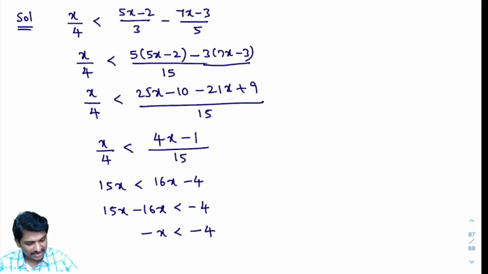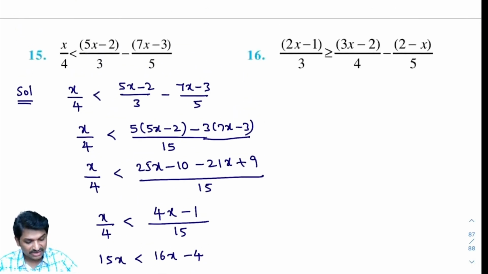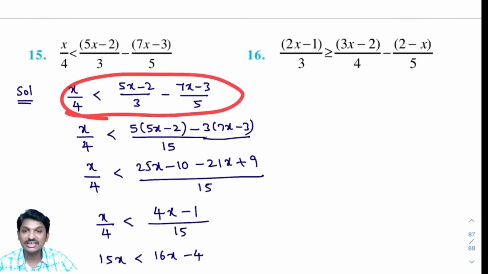Multiplying minus 1 into x gives plus x. As we are multiplying with a negative real number, the inequality sign changes. That means less than changes to greater than. That is what we learned in rule number 3. Minus 1 into minus 4 is 4. So x is greater than 4. You take any real x value which is greater than 4, that satisfies this inequality.